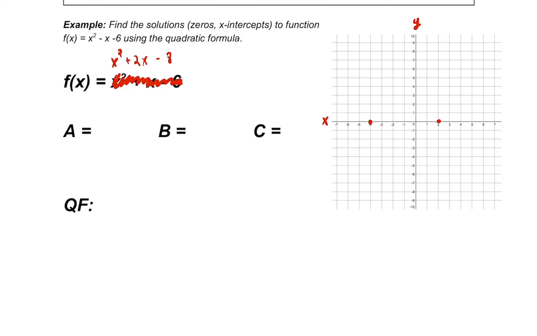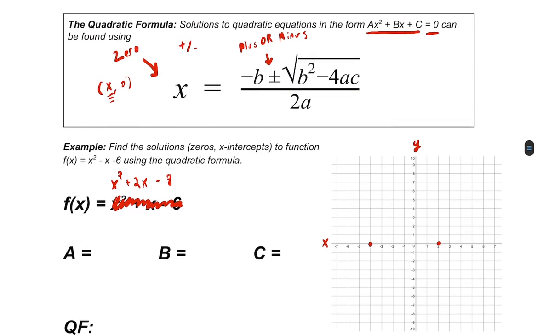Okay, so the first thing that's really important: these a, b, and c's in the formula refer to the coefficients, not the variables. So they refer to just the numbers in the place of a, b, and c. So in this case, there is an understood 1 in front of the x squared. There is a 2 in front of the x, that is the b term, and there is a -8 for the c term.